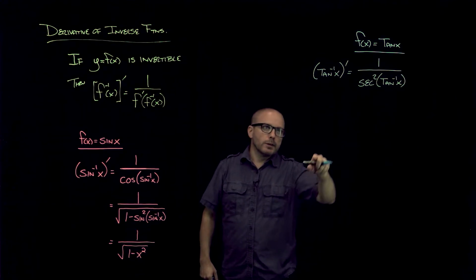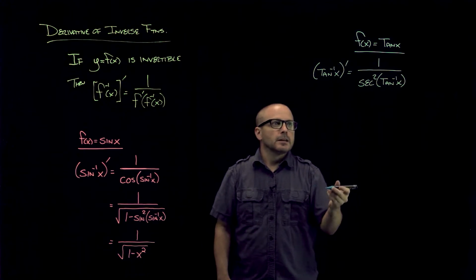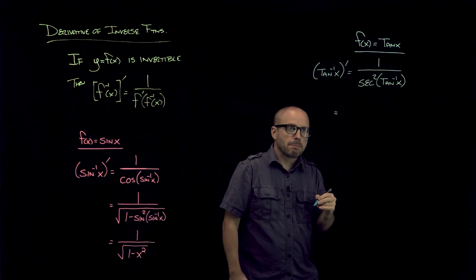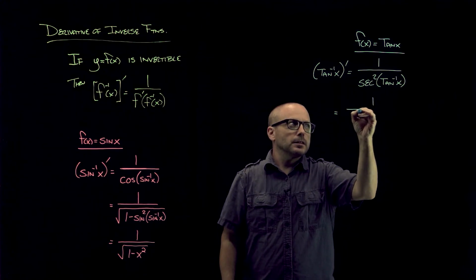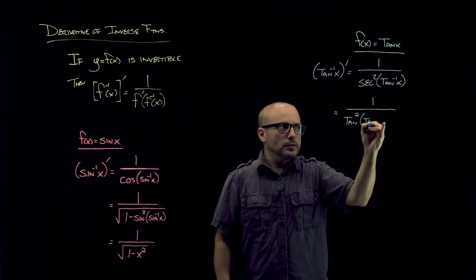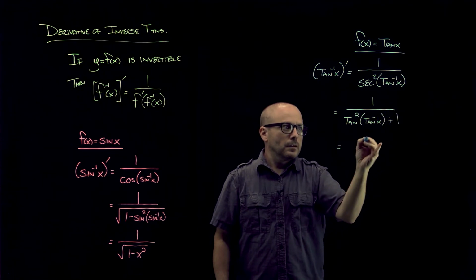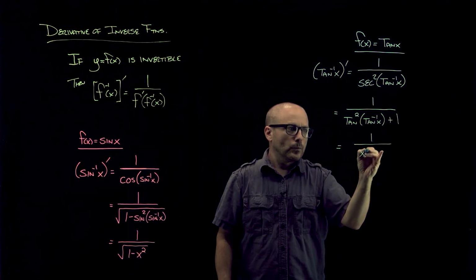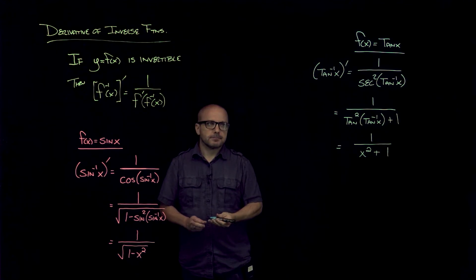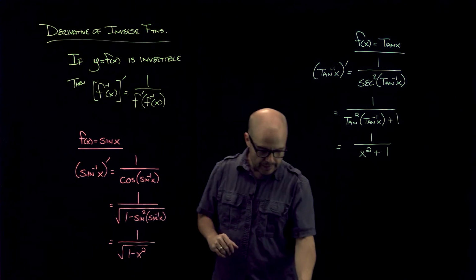And again, I'd like to rewrite secant in terms of tangent so I can cancel the inverse there to simplify that. So again, the Pythagorean identity comes in handy. Tangent squared plus 1 is secant squared. So this is tangent squared of tan inverse plus 1. And so that's just 1 over x squared plus 1. That time there was no square root, so I didn't have to worry about pluses and minuses.